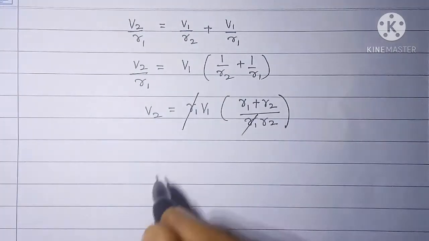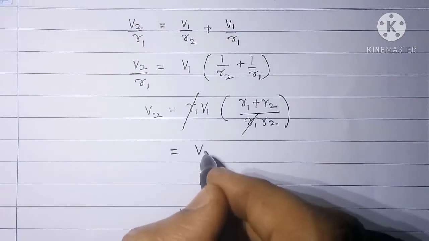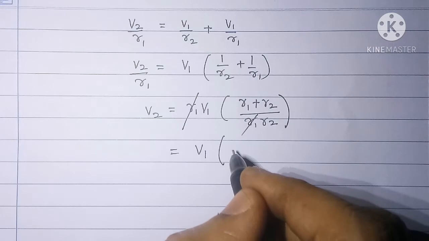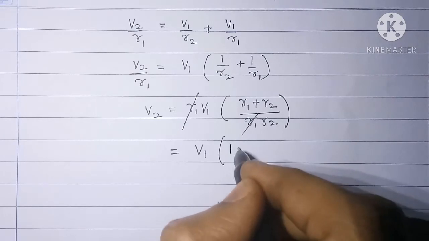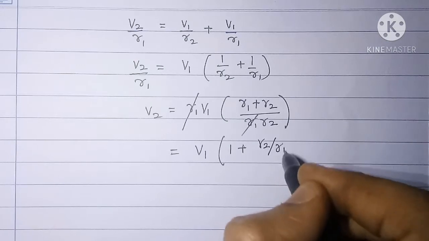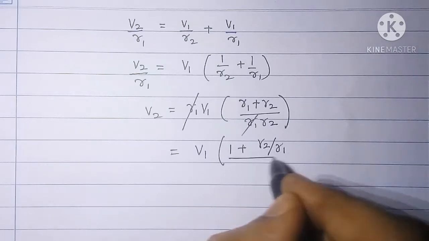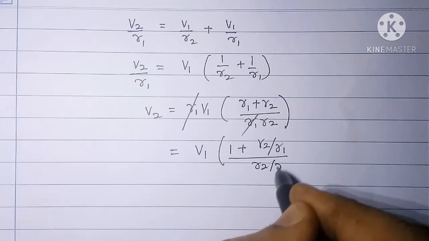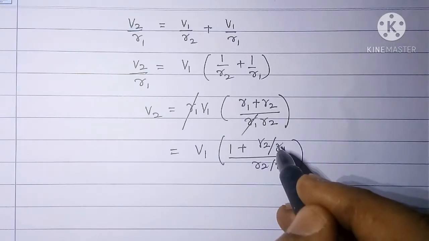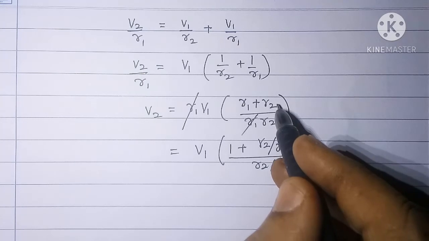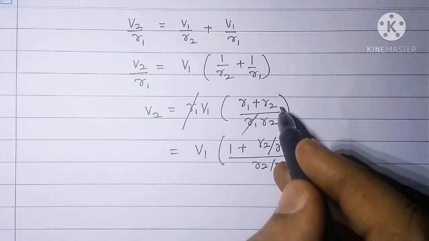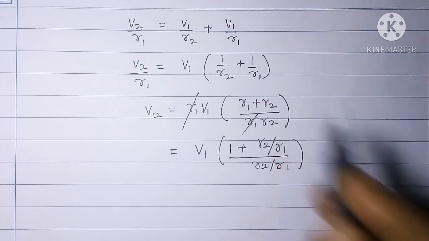R1 and R1 will cancel, so we get V2 equal to V1 into the bracket 1 plus R2 by R1, divided by R2 by R1. This expression I am getting by dividing both numerator and denominator of this bracket by R1.